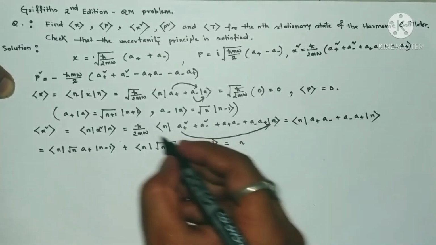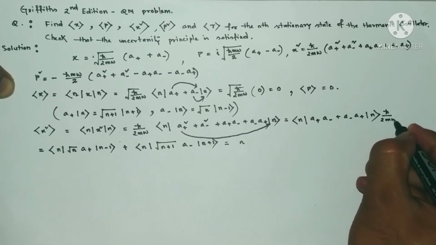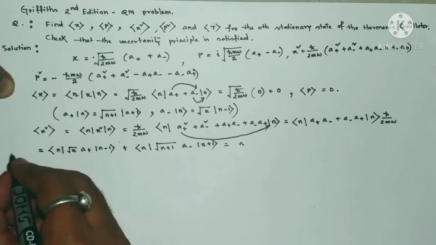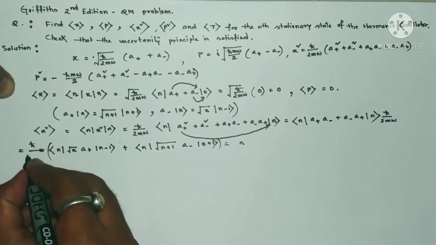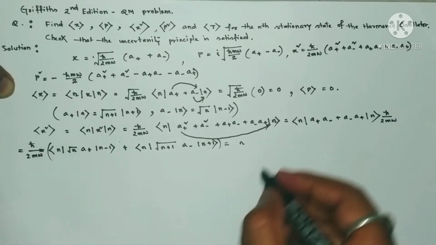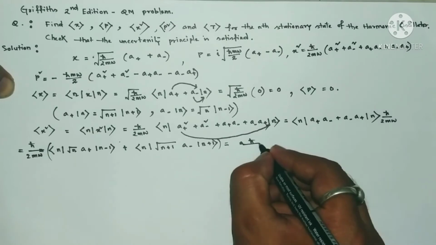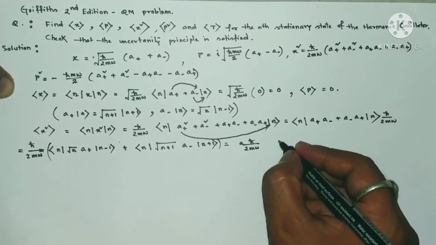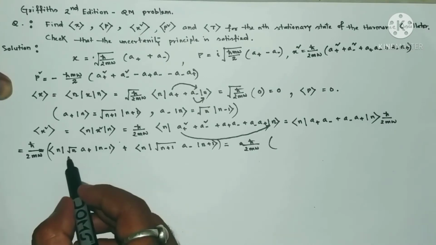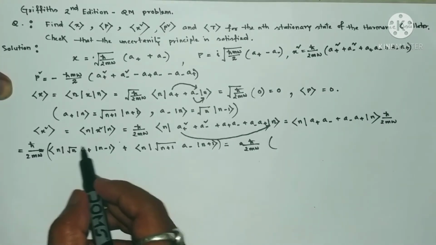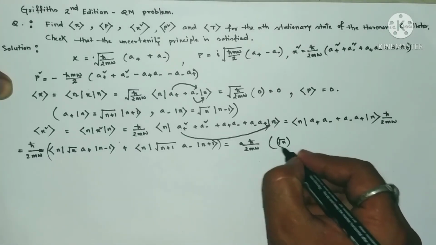One thing we are missing here is h cross by 2 m omega. Similarly here will be h cross by 2 m omega. So now a plus operating on n minus 1 will be giving under root n, then ket n, so the inner product with these will be 1, and we will be left with under root n square.